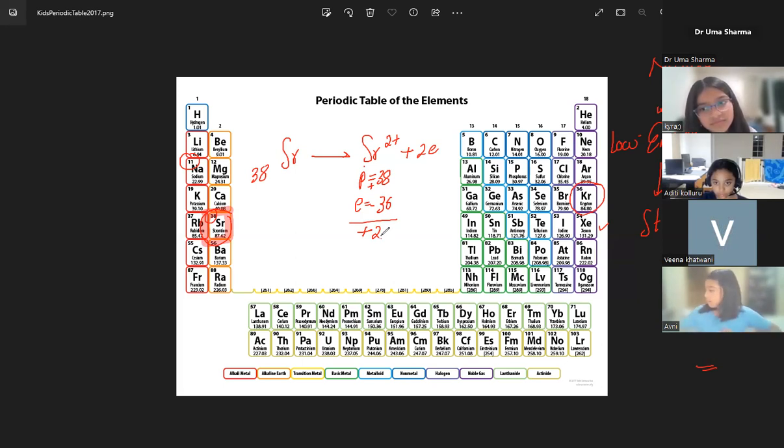Girls, let me tell you one thing. Aditi, I think, is the youngest here. Aditi, which class are you in? I'm not the youngest. I'm the youngest.